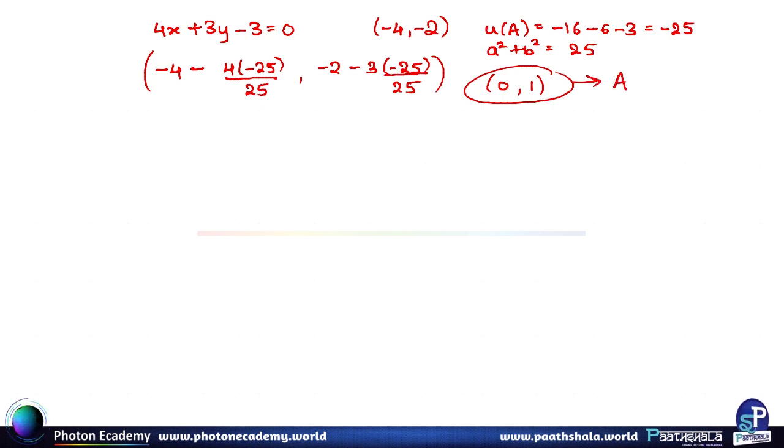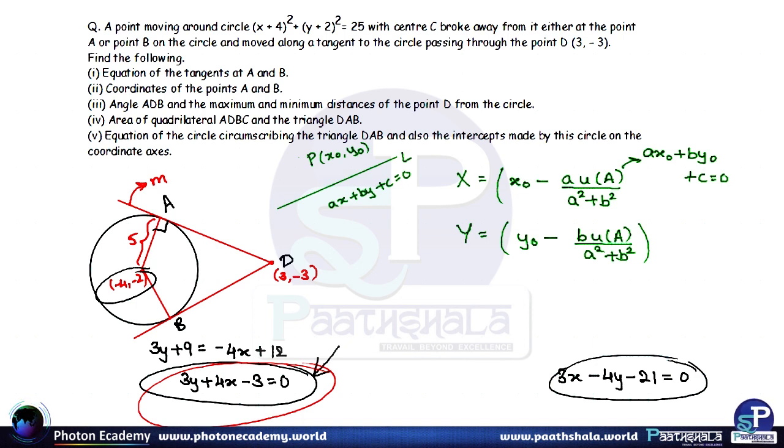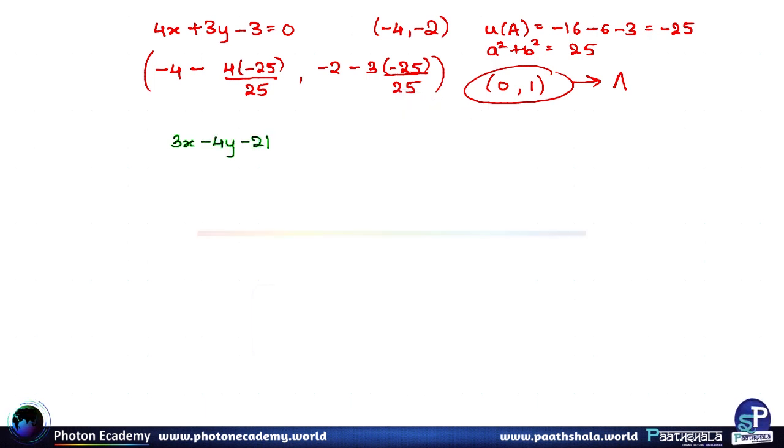Now the next equation we had was, let's just check it again. 3x minus 4y minus 21 is equal to 0, and the perpendicular is dropped from (-4, -2).